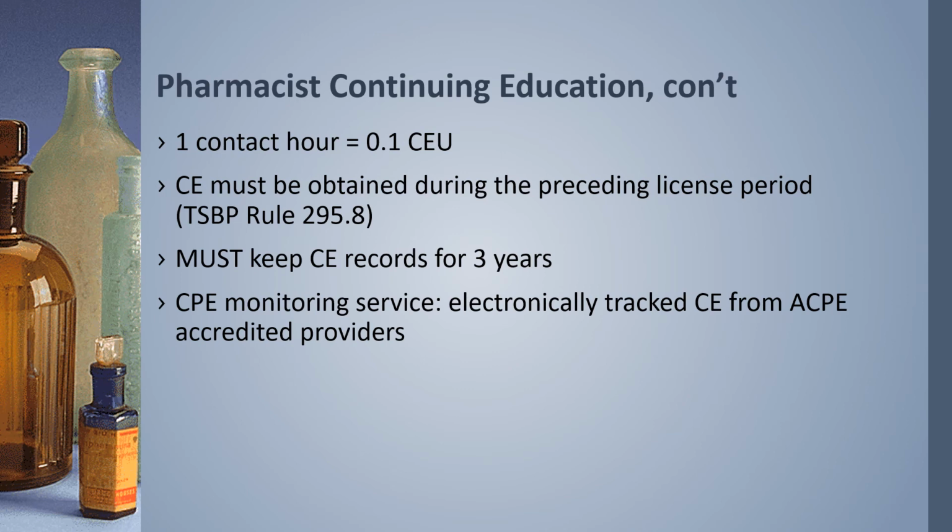So if you take a test from an ACPE accredited CE, that completion certificate or the amount of hours that you obtain from testing out of that CE will be reported to the NABP, and that way they can keep track of your CE transcript. So that way it takes a lot of the record keeping through paper out of the equation. You can pull those records electronically, print your transcript if the state asks for it, and then it will meet that requirement for their audit.